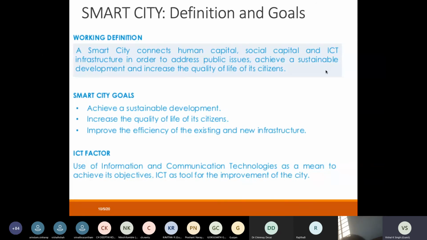So before starting the smart city and the goals of a smart city or the important concepts of a smart city, I'll quickly go through the concepts of wireless sensor networks. I'm hoping that most of you are aware of the concept, and for those who are not, I shall briefly go through the building blocks of this IoT and the smart city network.